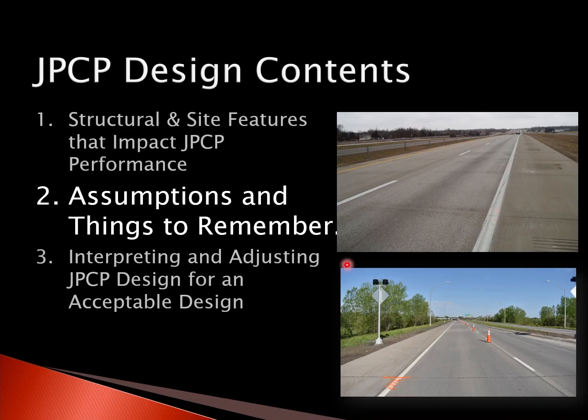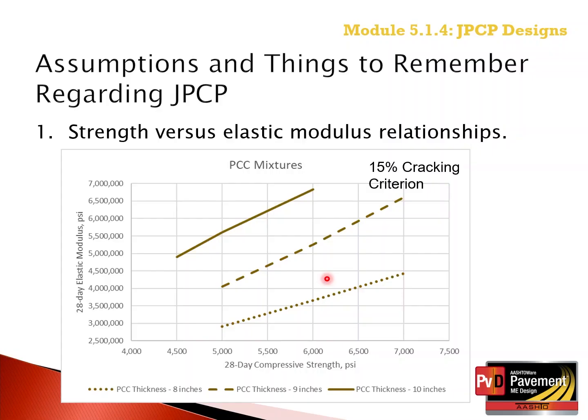Now let's move to the next section, in which we will discuss some of the important assumptions and things to remember when designing jointed plain concrete pavements. Two important variables that have a significant impact on the concrete layer thickness are the relationship between strength, flexural and or compressive strength, and the elastic modulus.